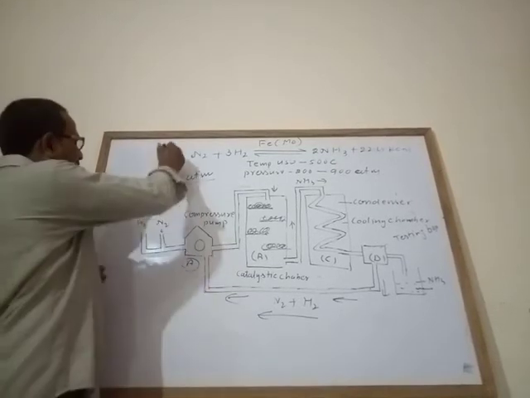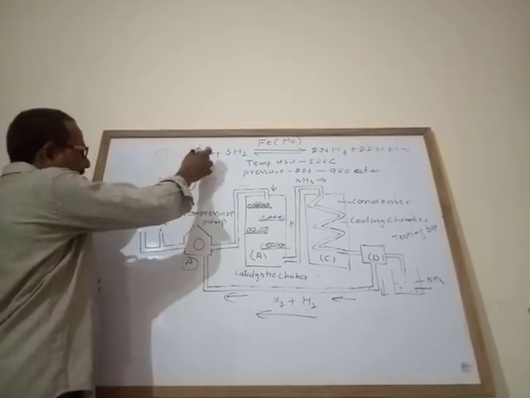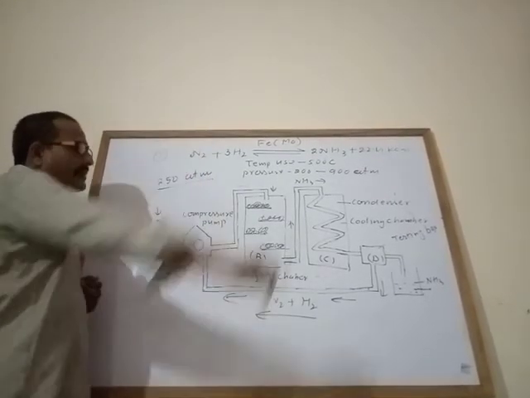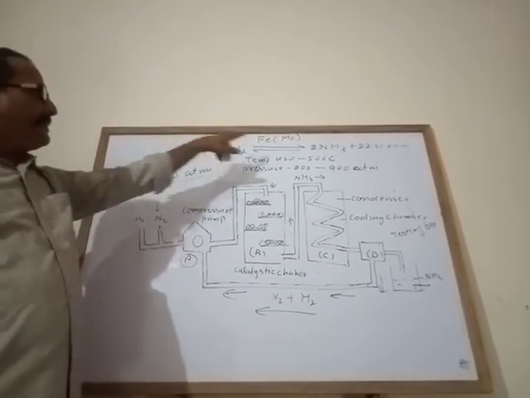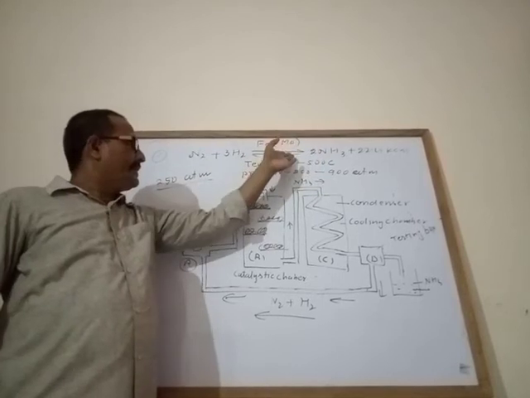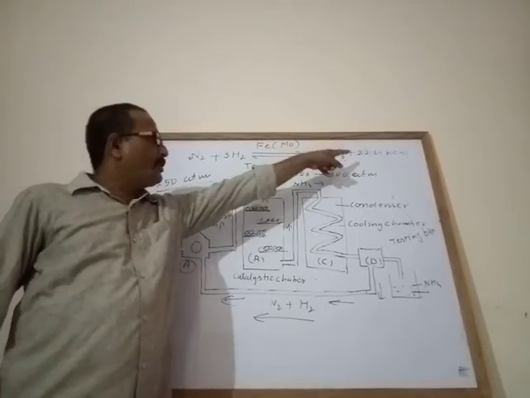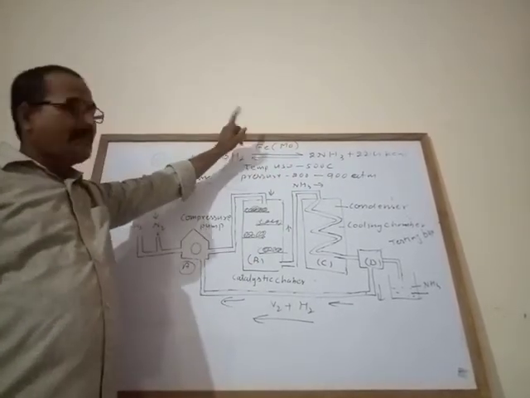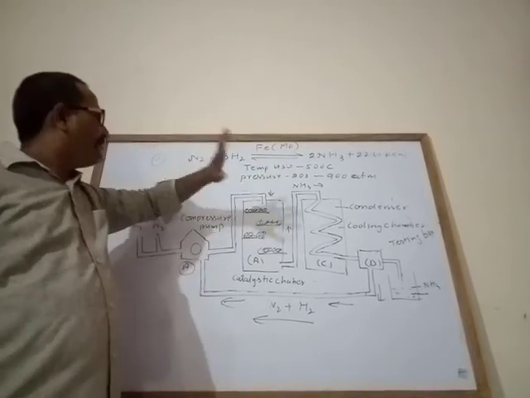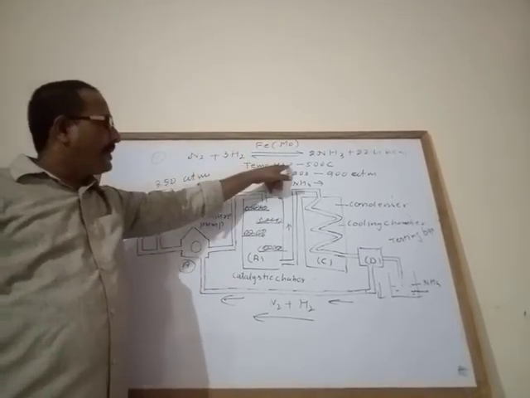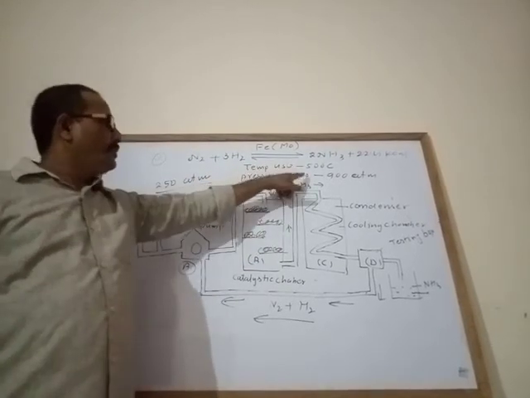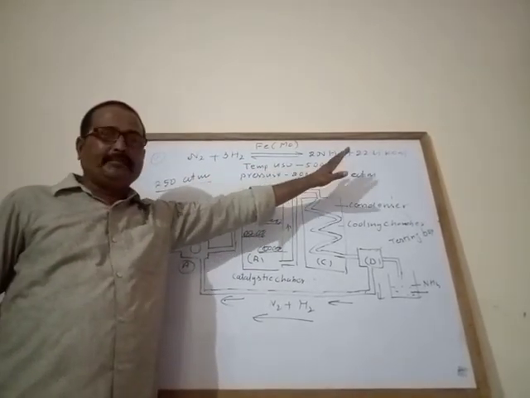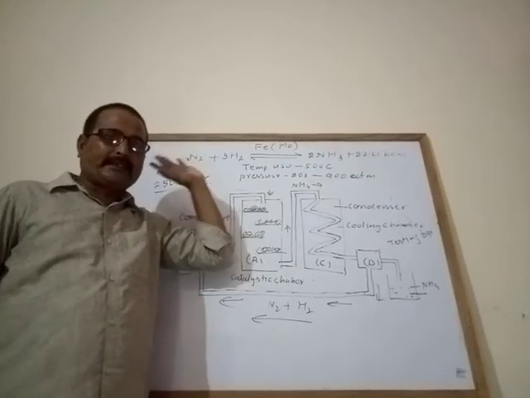This reaction is a very important reaction because from this one reaction many questions can be asked. See that this reaction is reversible, highly exothermic, catalyst iron and molybdenum, temperature 450 to 500 degrees Celsius, pressure 200 to 900 atmospheric pressure.